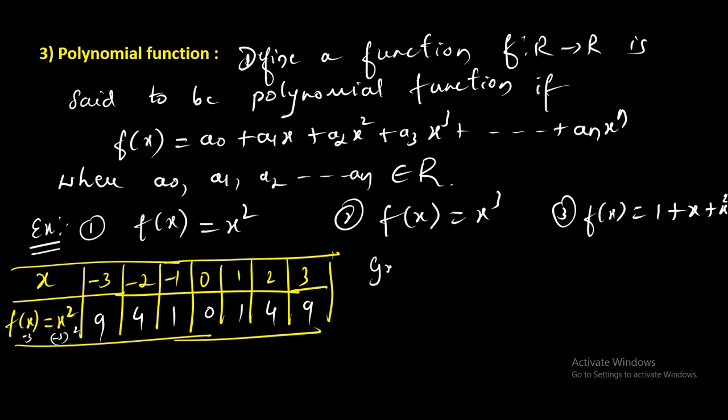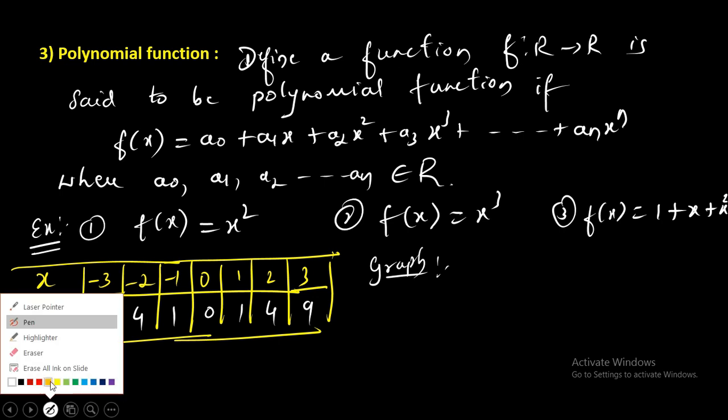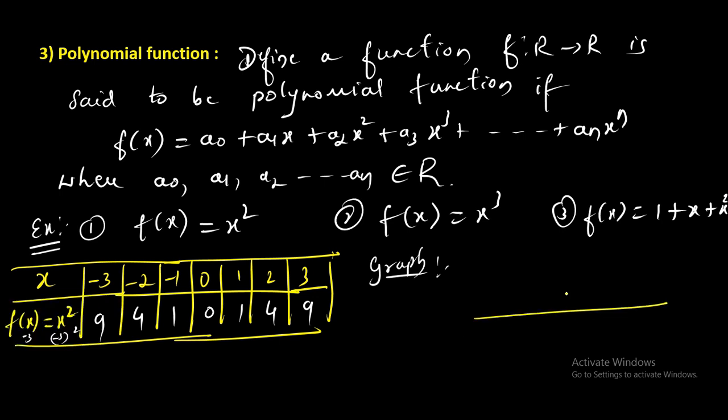So the graph of this function, concentrate properly. Draw x-axis and y-axis. This is x-axis, this is y-axis. On x-axis write numbers 0, 1, 2, 3, -1, -2 and -3.